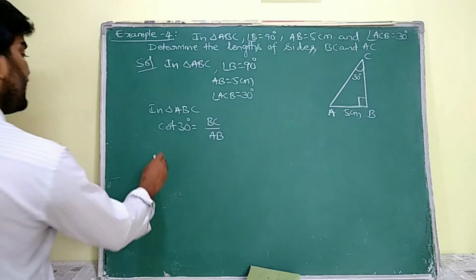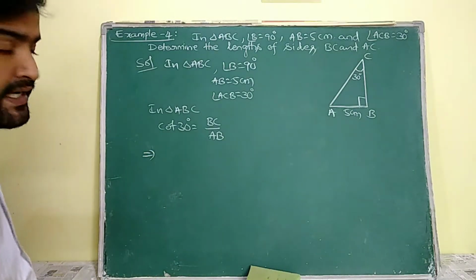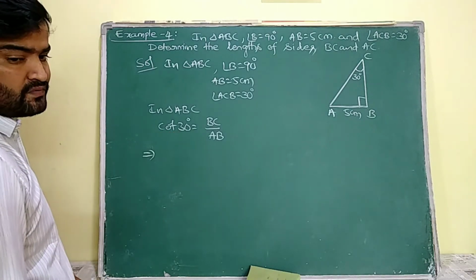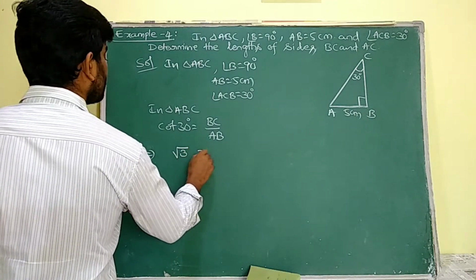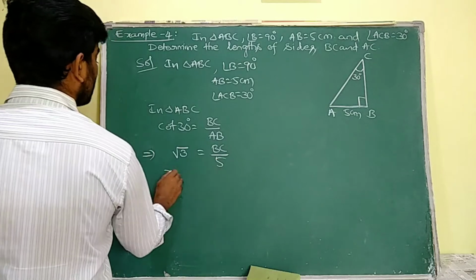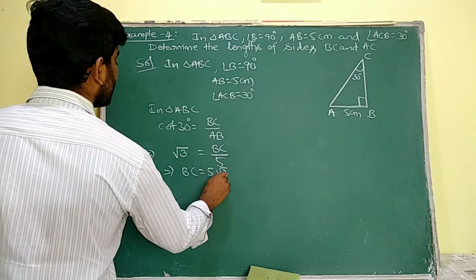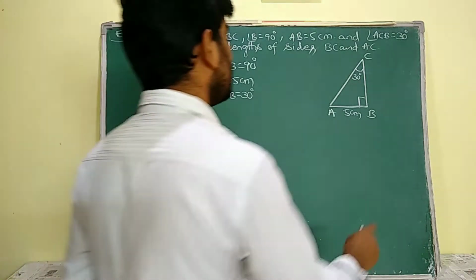That implies cot 30, the trigonometric ratio value for the angle 30, cot 30 is root 3. So root 3 is equal to BC by AB, and AB is 5. That implies BC is equal to 5 root 3 centimeters.